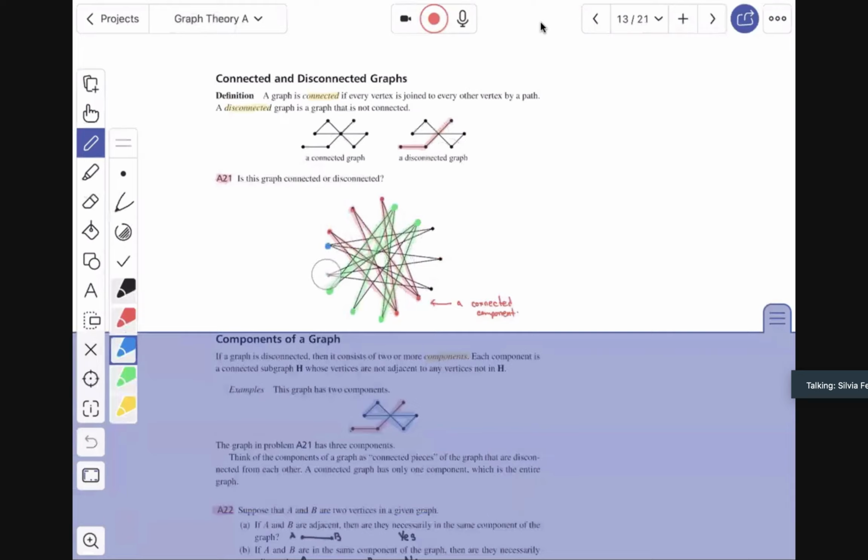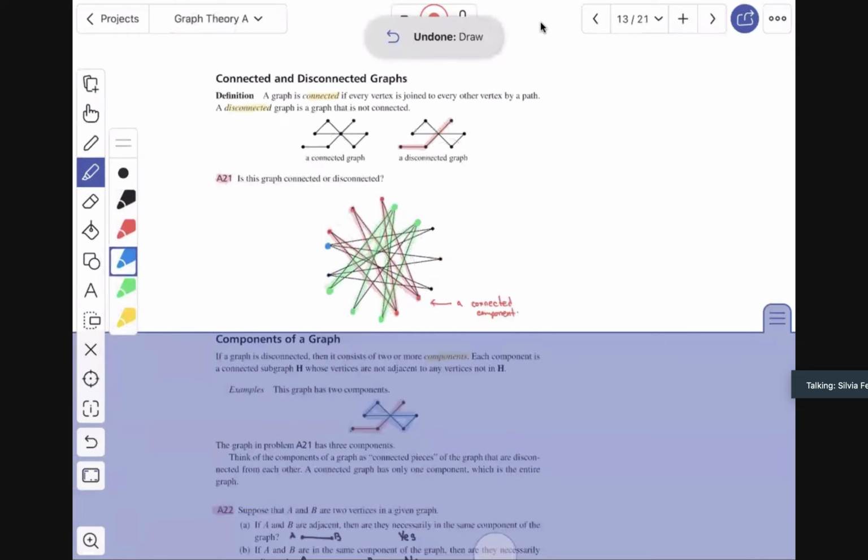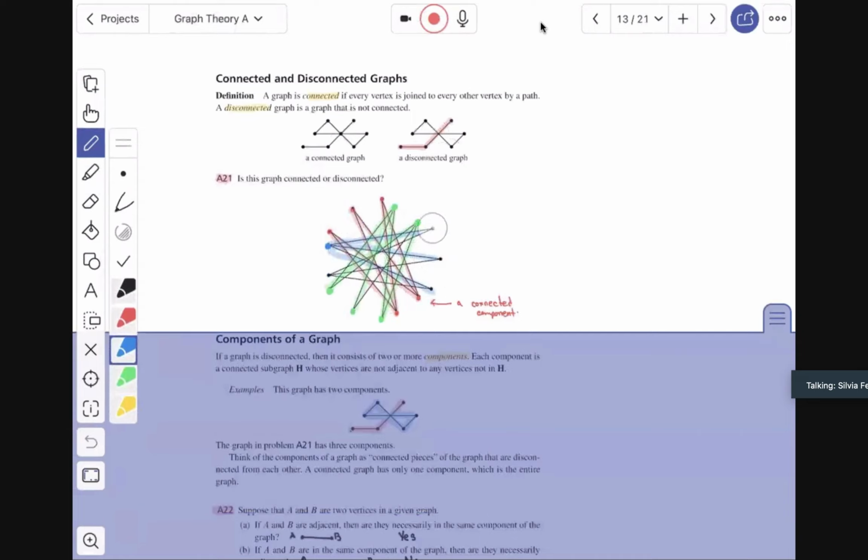So I have this. I can start with one of them, draw all the edges that are attached to it, see where I can go. That means that whatever it is connected to is in the same connected component. So these 3 are in the same connected component. And then I can see where I can go from those 3. And you can see, I can repeat some of the edges that I already have.